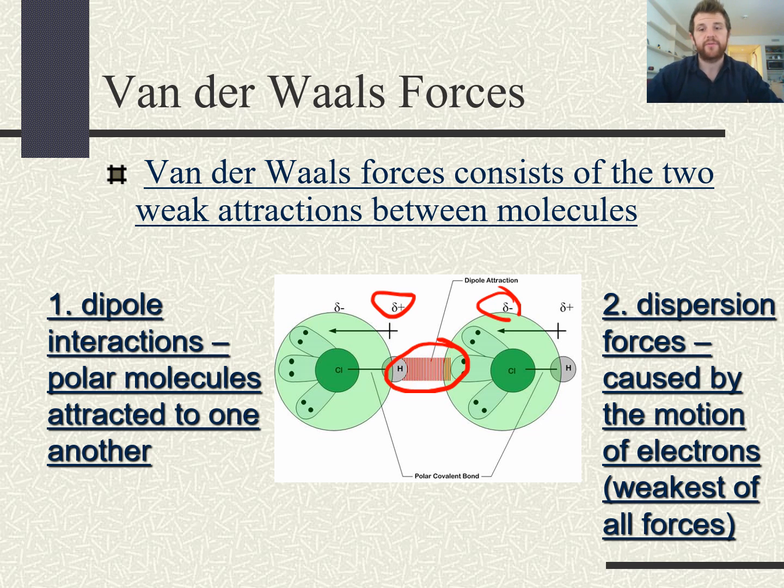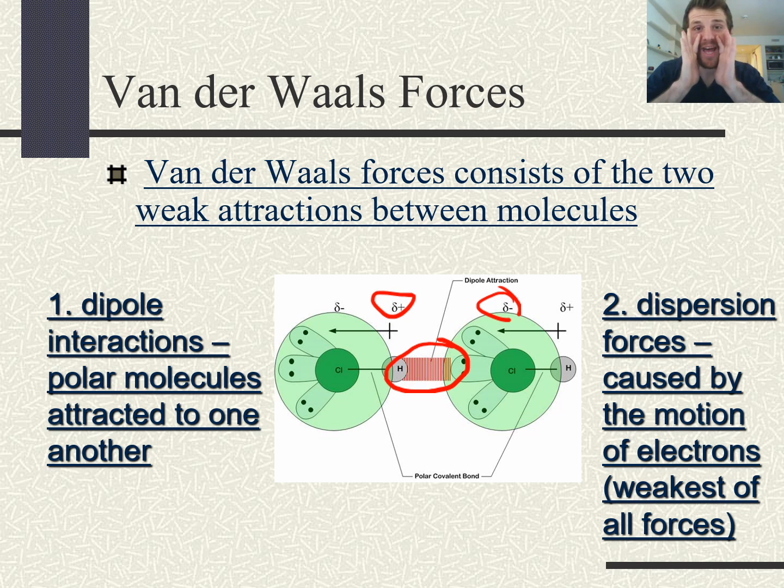Dispersion forces are also a type of van der Waals force. So you have two types of van der Waals forces: dipole interactions and dispersion forces. Dispersion forces are caused by the motion of electrons. Everything has dispersion forces because everything has electrons.